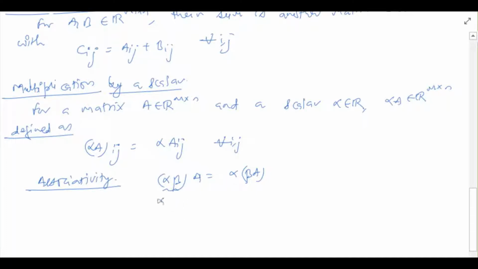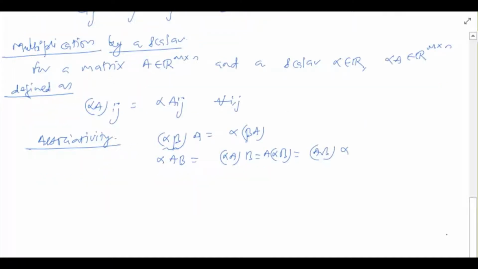Similarly, given a scalar alpha and matrices A and B, alpha times AB is the same as alpha A times B, which in turn is also equal to A times alpha B, which in turn is equal to AB times alpha. All these properties come under associativity. The next property, as I mentioned, is distributivity.